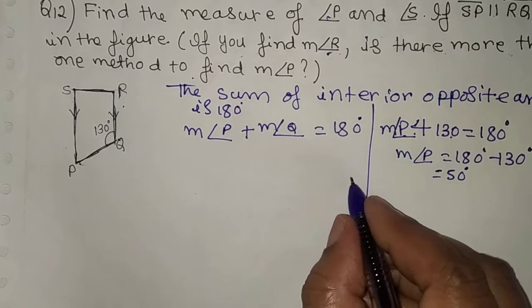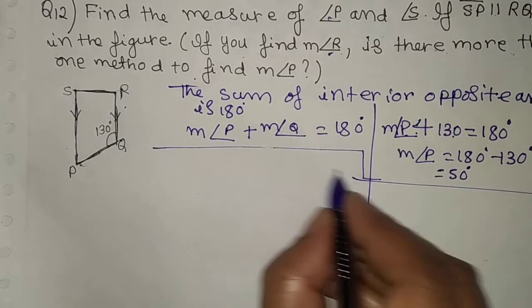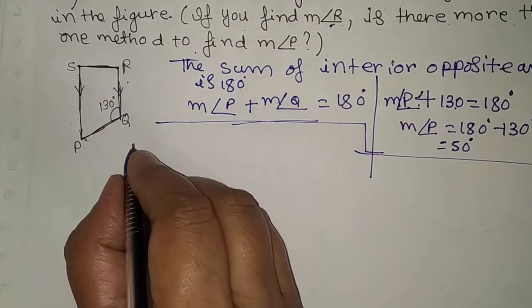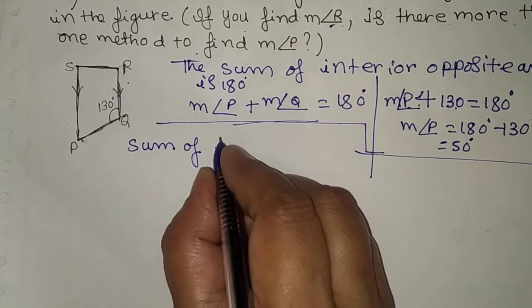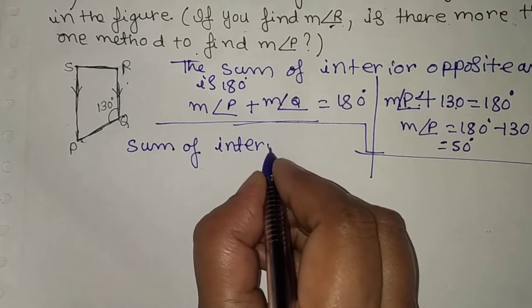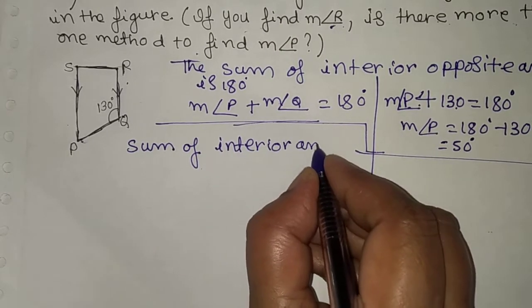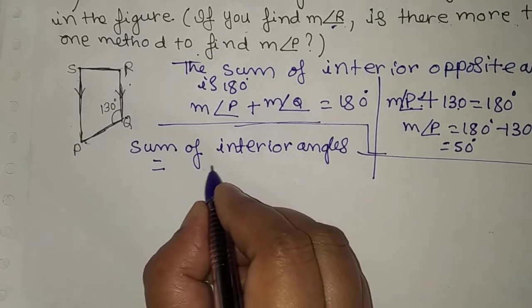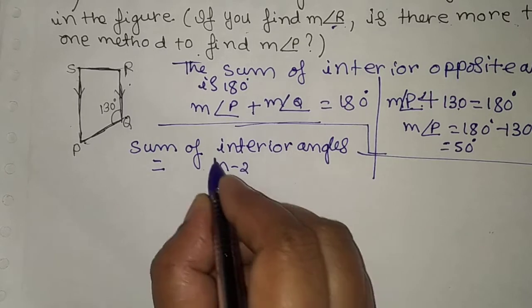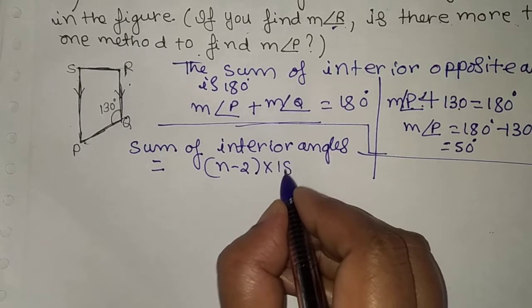Next step, the sum of interior angles is equal to n minus 2 into 180.